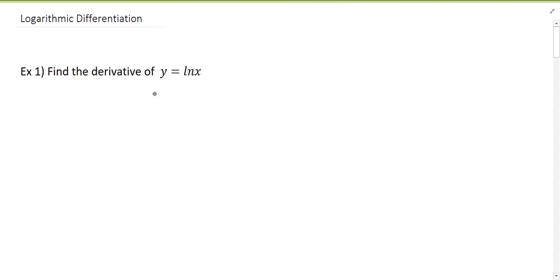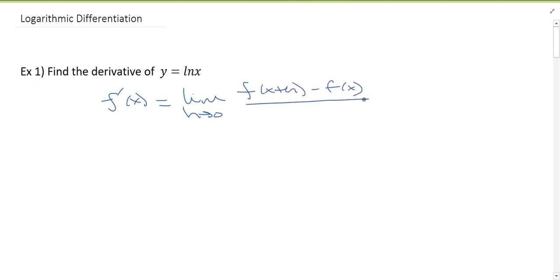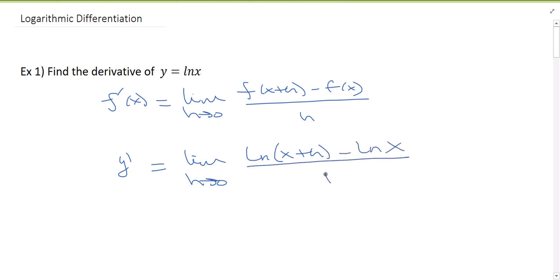Normally, we rely on the definition of the derivative, right? That f prime of x is the limit as h approaches 0 of f of x plus h minus f of x all over h. For this particular one, it will be the limit as h goes to 0 of the natural log of x plus h minus the natural log of x, all over h.